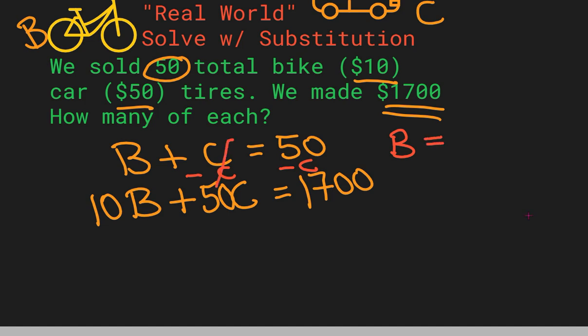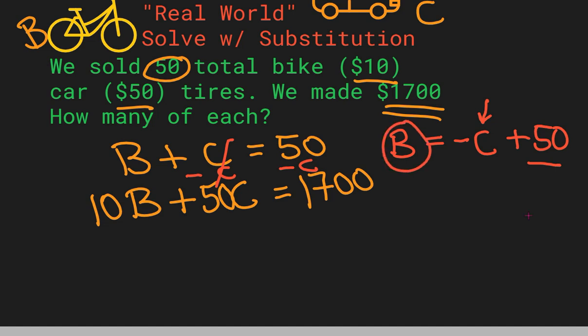And I can't help myself, I'm going to write it in slope-intercept form. Even though I like the look of 50 minus C, I'm going to write the variable term first and then the constant term second. So this is in y equals mx plus b format, just I don't have a y or an x. So I solved for b.